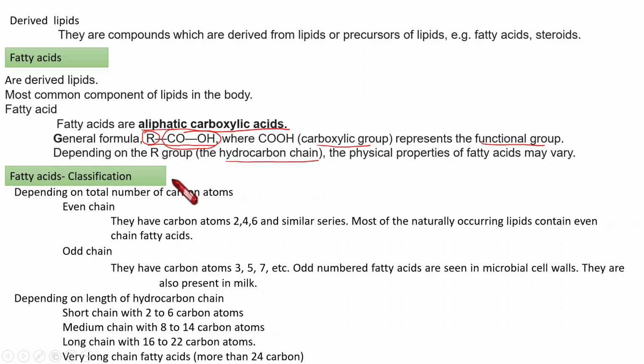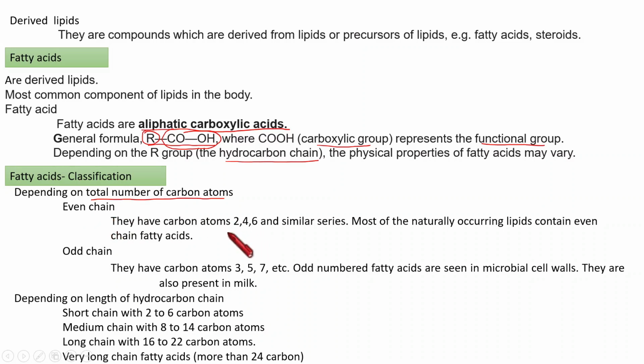Next we are going to see the classification of fatty acids. Fatty acids can be classified in many different ways. We can see one by one which are those different ways. First, depending on the total number of carbon atoms in the hydrocarbon chain: if the number of carbon atoms is an even number, we call it an even chain fatty acid.